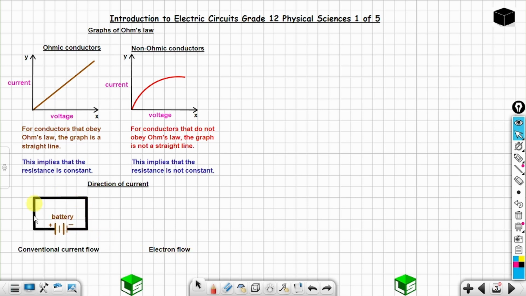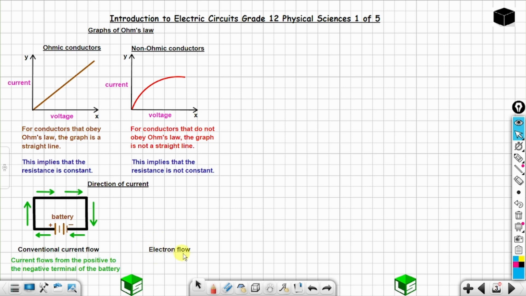So, if you have a circuit as this one, for conventional current flow, the flow is from the positive terminal of the battery, like this, all the way to the negative terminal of the battery. So conventional current flows from the positive to the negative terminal of the battery.